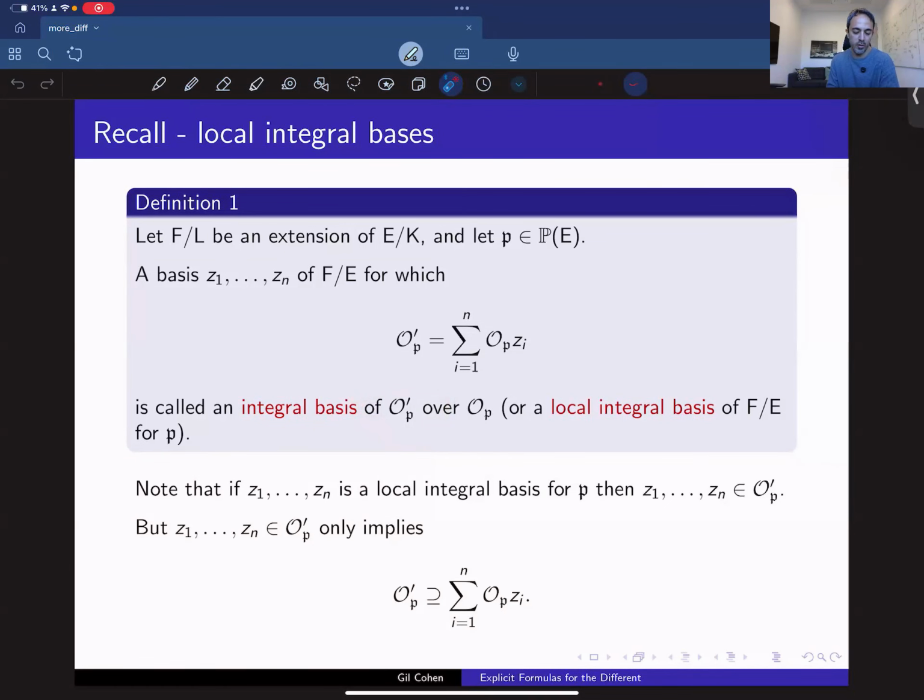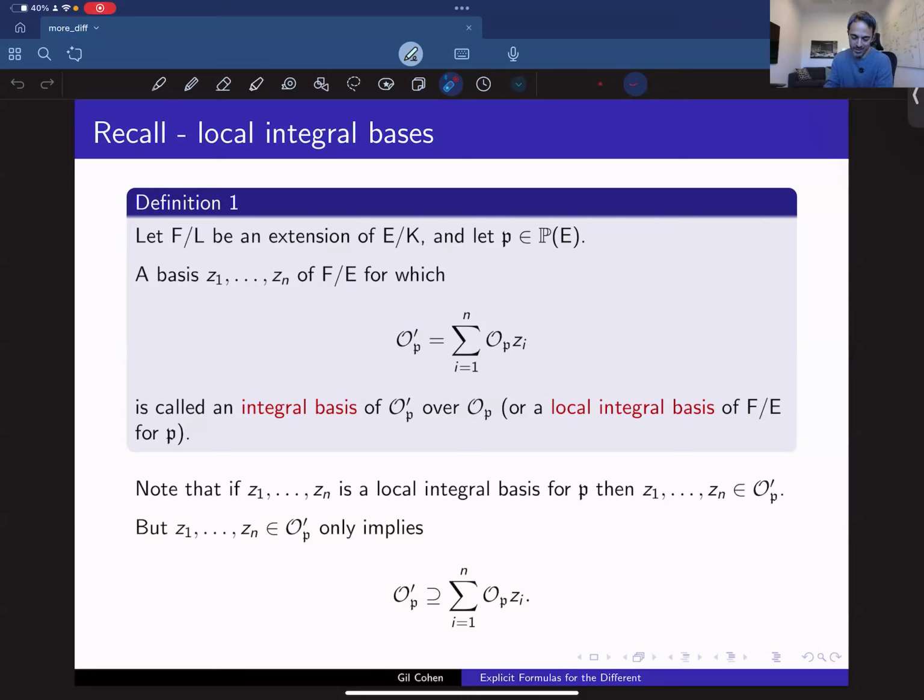Right, and you should think of it, the quantifiers are different. You are given little p, and then you ask whether I have a nice basis for p. And by nice here, we mean this thing. Okay, and as a reminder, recall that if the z_i's are a local integral basis, then of course all of them are in O'_P, right? Because given this, you can just choose the coefficient one for z_1 and 0 for the other ones, to see that z_1 is in O'_P, and same for z_2 and so forth.